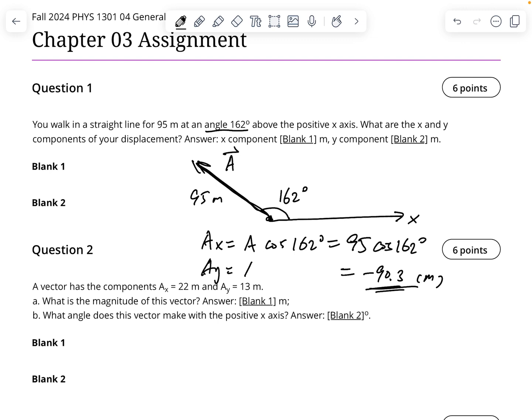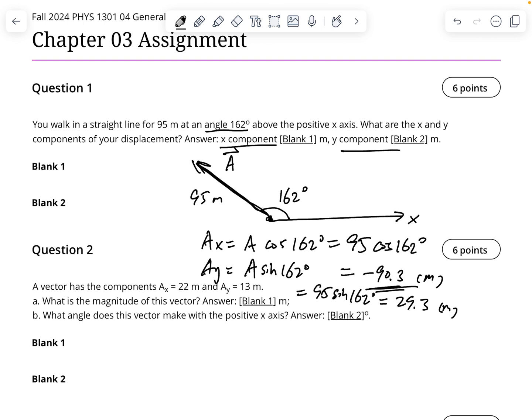Ay equals A sine 162, so this is 95 sine 162, which equals 29.3 meters. So that's your x component and y component.